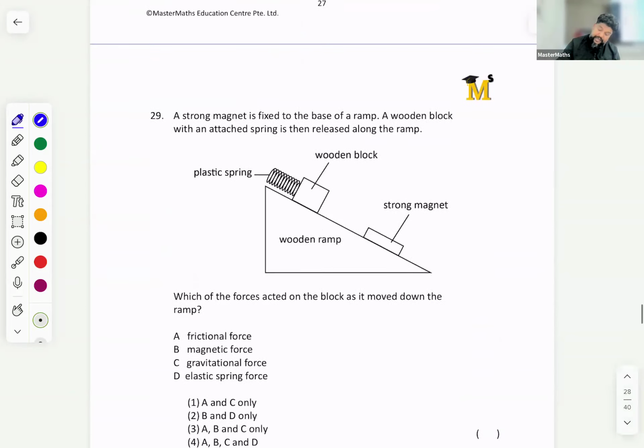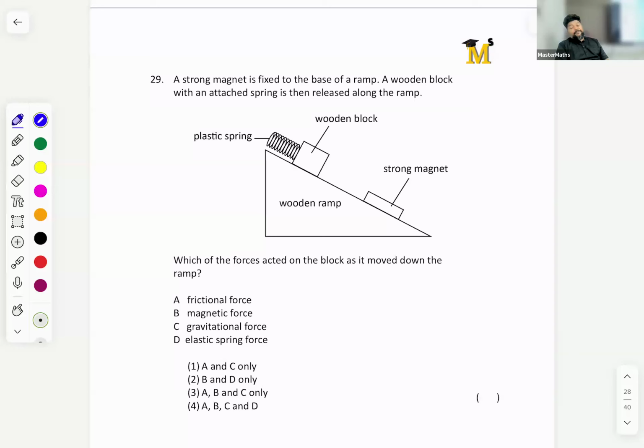Question number 29. A strong magnet is fixed to the base of the ramp. A wooden block with an attached spring is released along the ramp. So this wooden block will start to fall down. Why will it fall down? As it's moving, there's always friction. Why is it going down? Because gravity is pulling it down, gravity is there, friction is there.